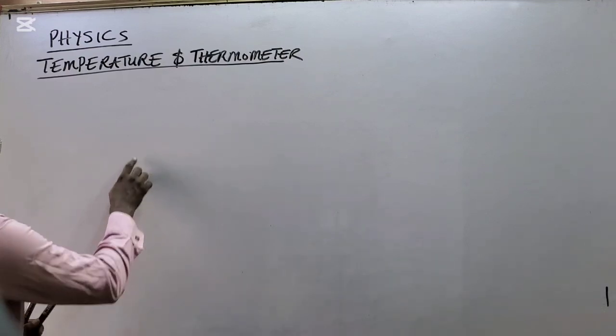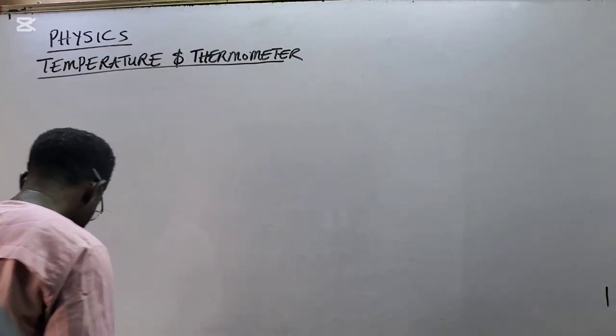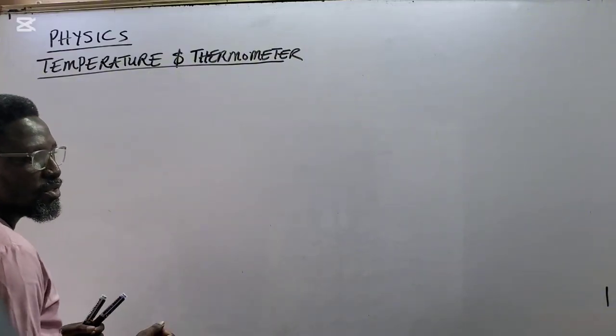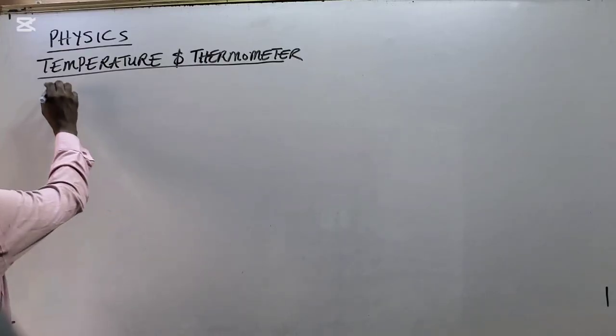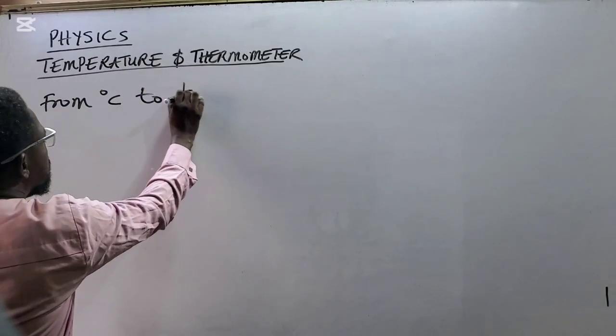First, you need to know how to convert from one temperature scale to another. You have to convert from the Celsius scale to the Kelvin scale, from degree C to Kelvin.